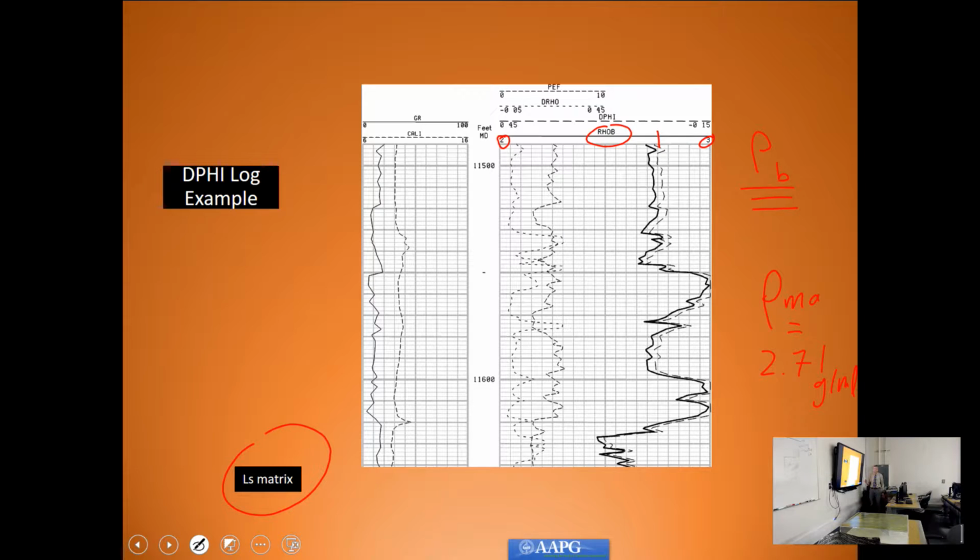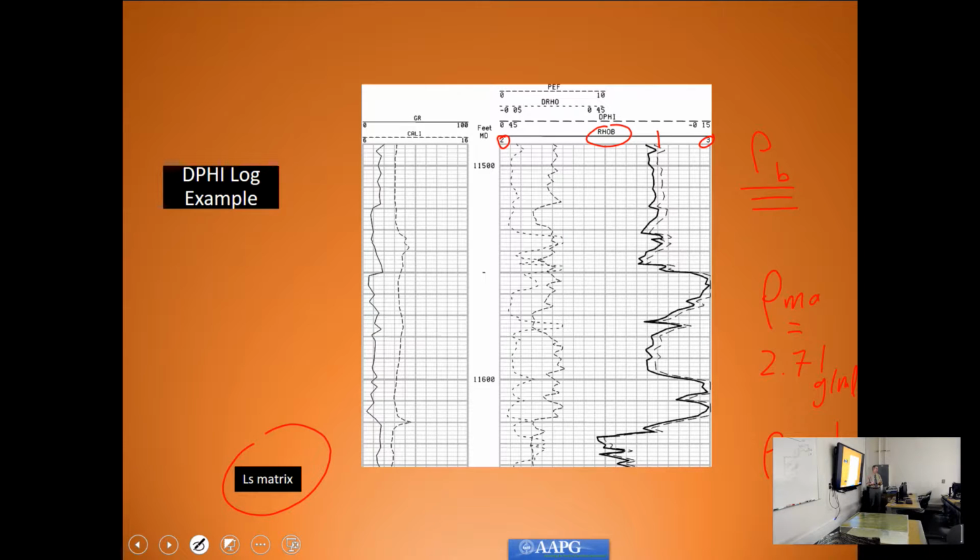But then, what about the fluid? Then there's also the fluid assumption. What's that? Well, that's easier because that's derived from the drilling fluid. You know something about the drilling fluid. It doesn't actually tell us on this log, but if it were fresh water, then this would just be 1 gram per milliliter, right? That'd be easy.